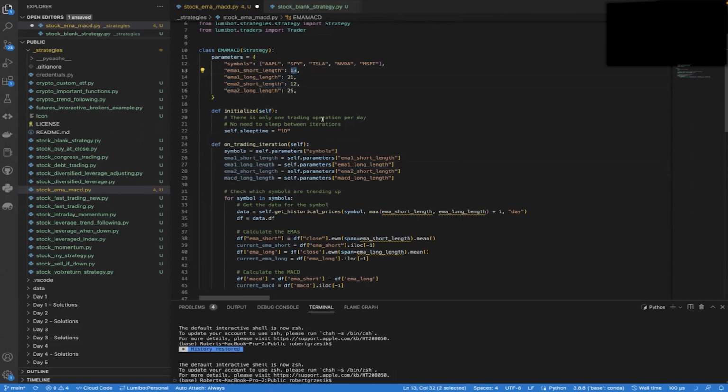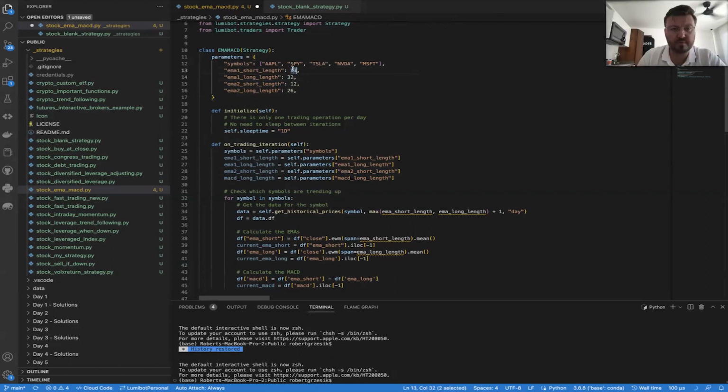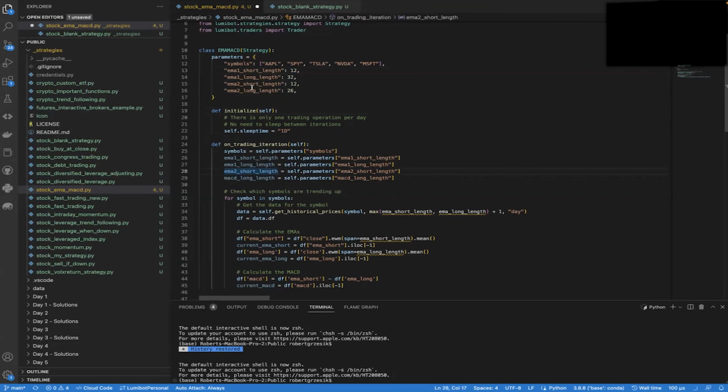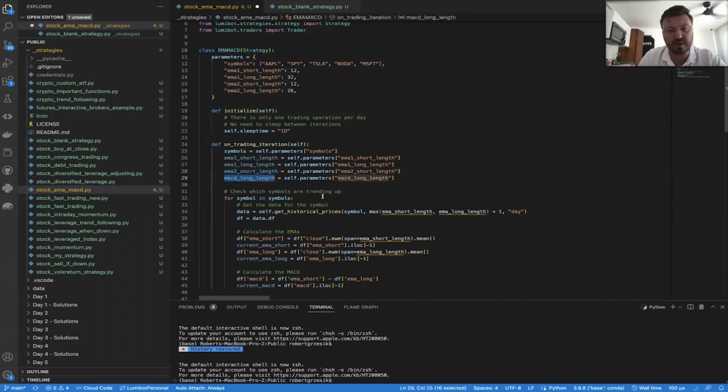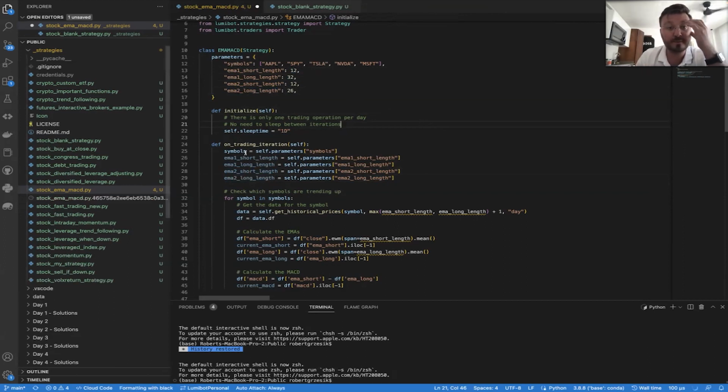The blue one was 32, and the red one was 12. Okay, so 12 and 32, and then 12 and 26. We can play around with this later on. This is something that's very easy to switch. You guys will even be able to do this on your own computers very easily.